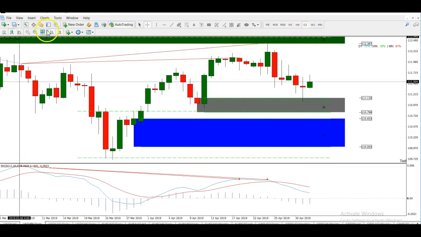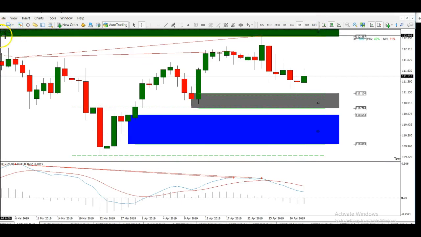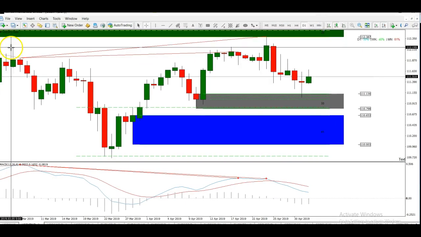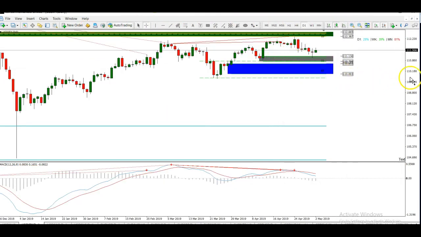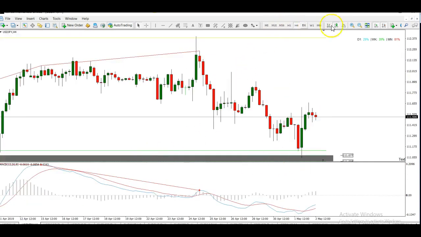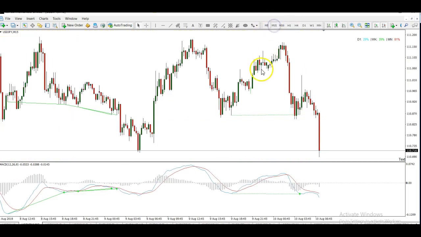So US dollar Japanese yen. Yesterday we got the bounce at this level here. It was a 4-hour inside a daily, and it touched it nicely.